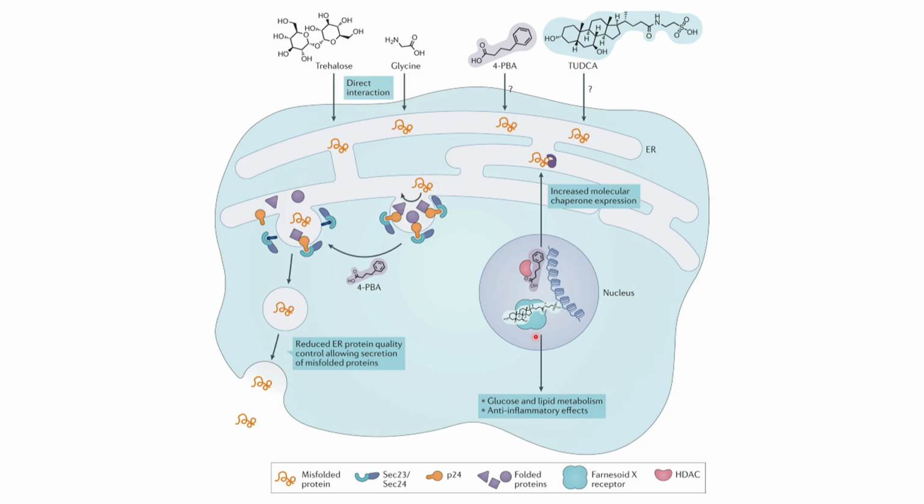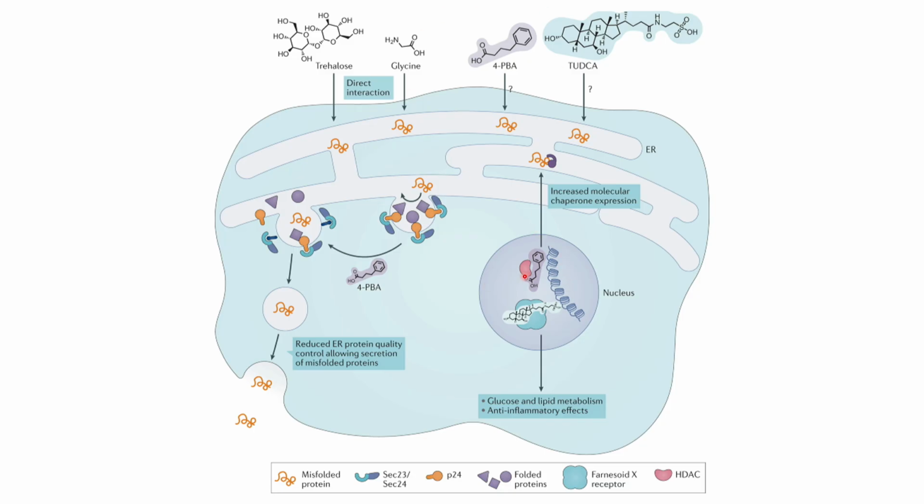TUDCA binds to the farnesoid X receptor and impacts the expression of certain genes in the nucleus, and PBA binds to HDAC, histone deacetylase, and impacts the expression of some genes in the nucleus. So, they have multiple roles.